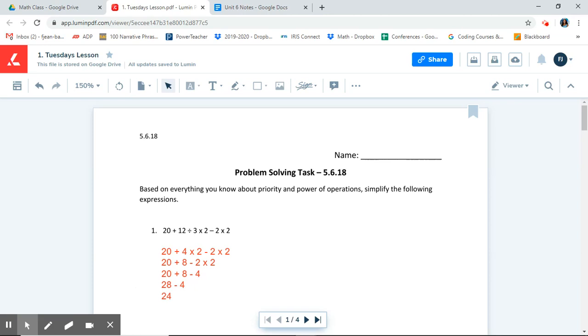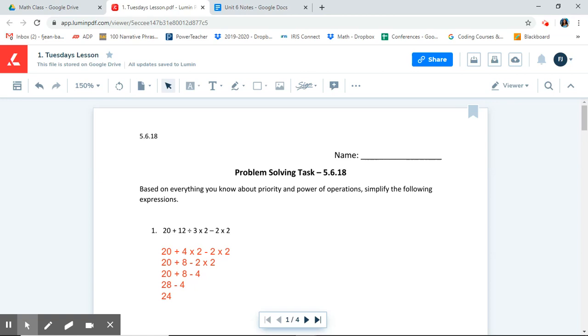Okay, let's review what we did. So we did multiplication and division. We scanned the expression from left to right, and we did all the multiplication and division parts in order. Then, once we only had addition and subtraction, we did the same thing.